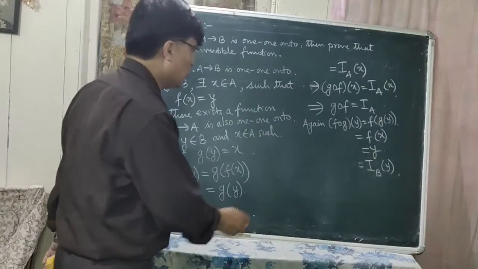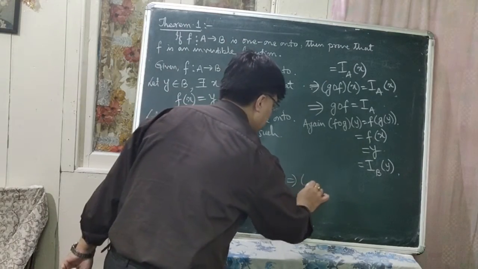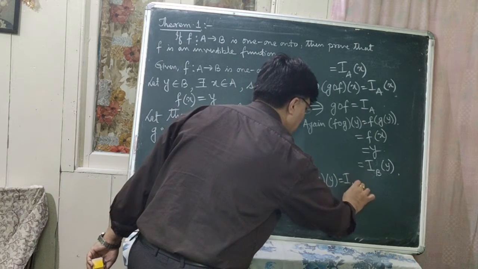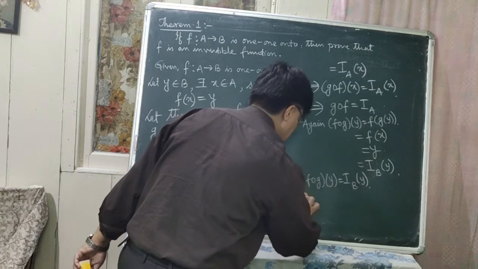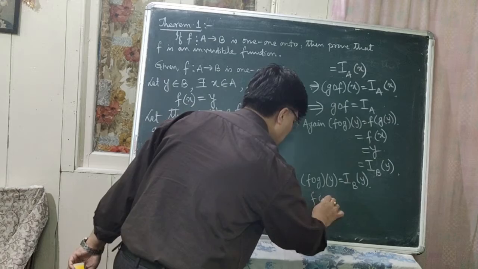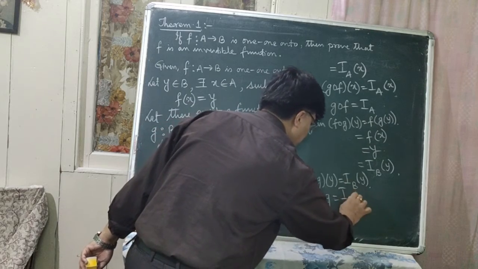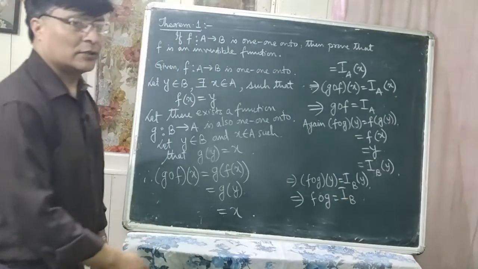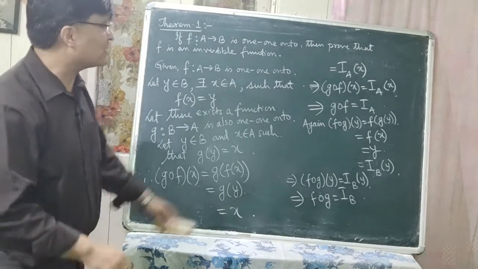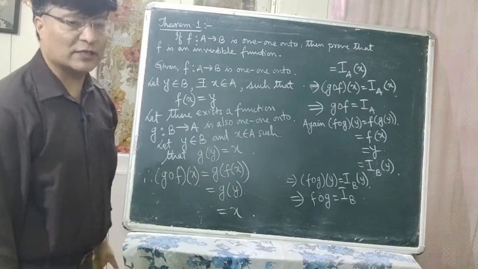बुझ्नु बुझेन? So which implies that fog of y is equal to IB of y, right? So the y cancels, that is fog is equal to IB. So now from the definition of invertible function we can write down that this f is invertible function.